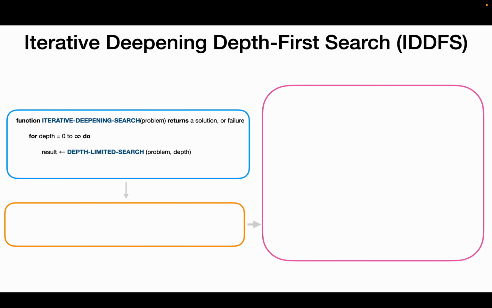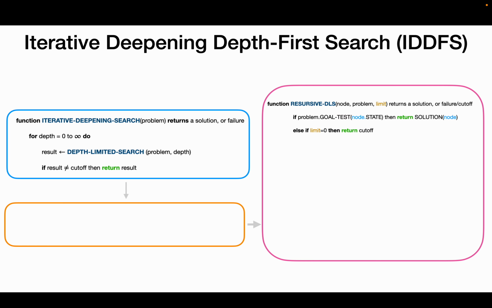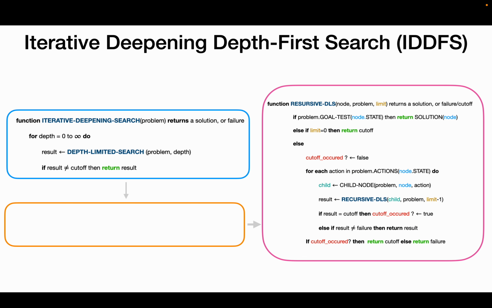So let's see what the algorithm of iterative deepening depth first search looks like. It can be very easily implemented using the DLS algorithm, depth limited search. In depth limited search, we had a particular limit value, whereas here we keep on increasing the limit value starting from 0 to infinity, until we reach a state where we find the goal node. As you can see here, we have the DFS algorithm, DLS algorithm.